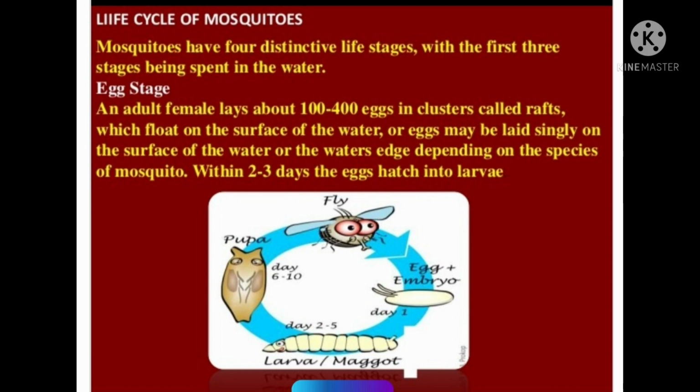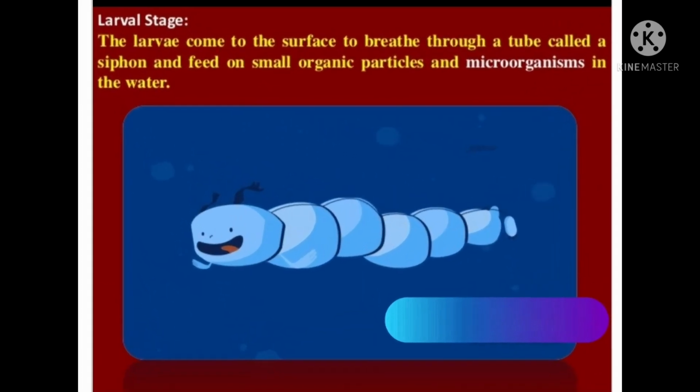Within 2 to 3 days, the eggs hatch into larvae. So that's all for our first stage, or the egg stage. Now we will move to the next stage, and that's the larvae or the maggot stage. So let us take a look into it.